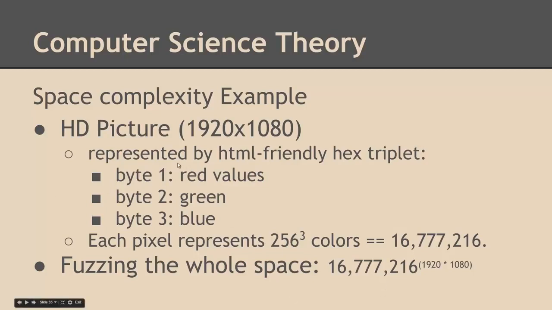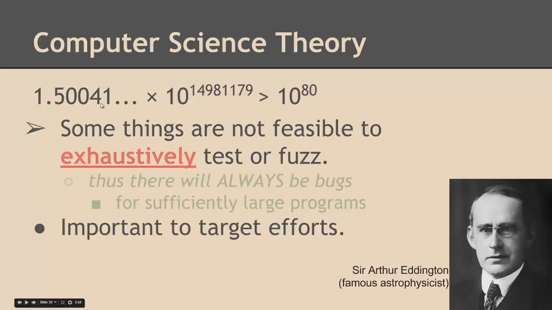If you just have each pixel represented by only 3 bytes, one for the red, green, and blue values, the whole state space for fuzzing every single color across every single pixel and every combination thereof would be approximately 16 million to the 1920 by 1080, which would be far more than 10 to the 80.